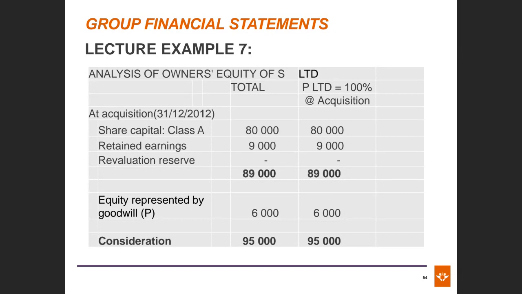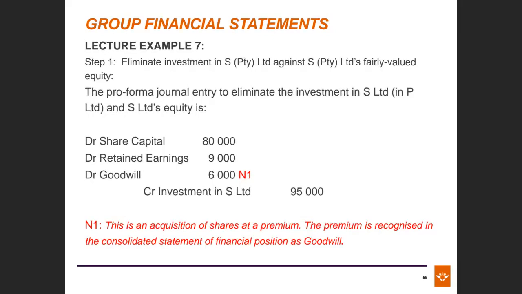Now, what are our journal entries? What are our pro forma journal entries in this situation? So remember we had those steps that we looked at. Step 1 was to eliminate investment in S Limited against S Limited's fairly valued equity.